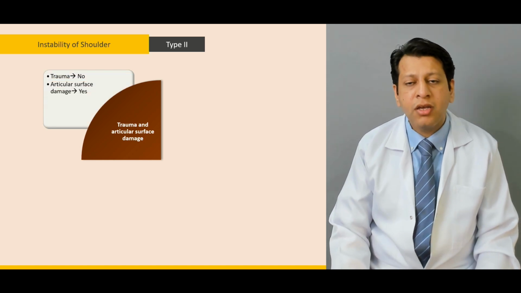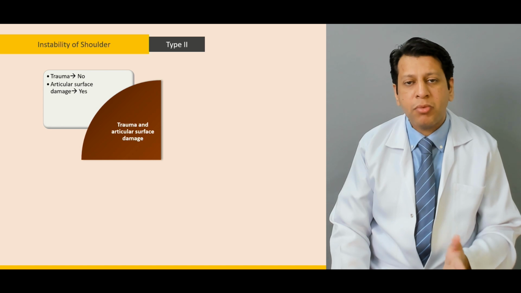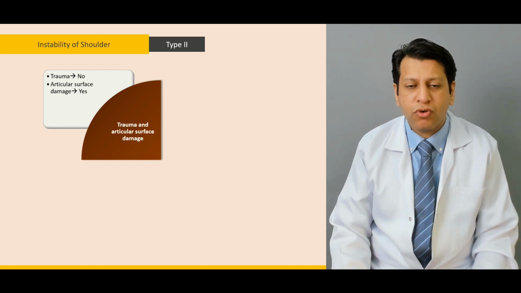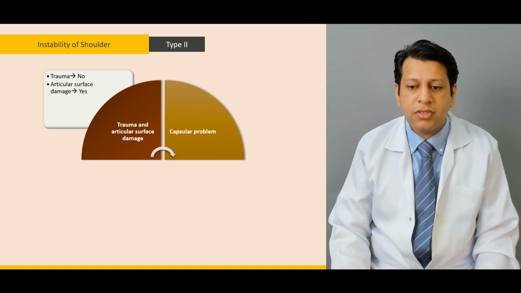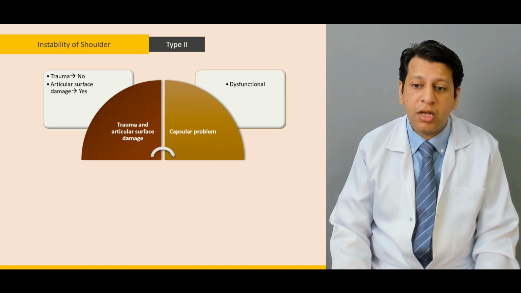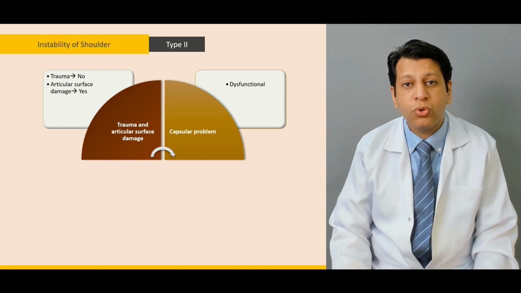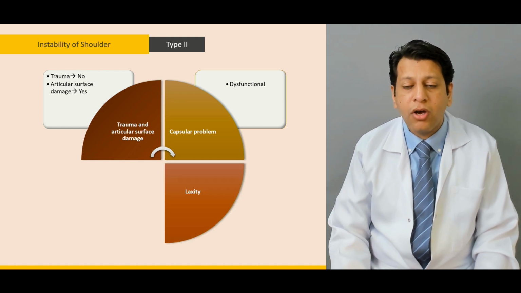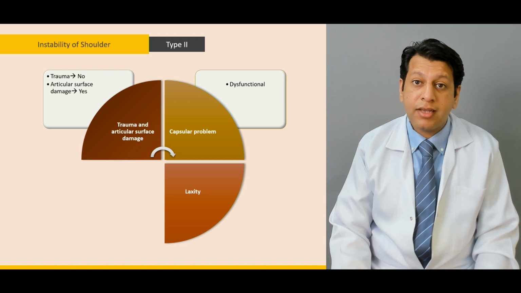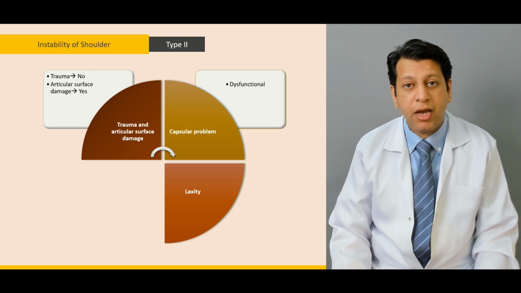So usually there is no antecedent history, but there may be a past history of trauma which may be associated with articular surface damage. Then there may be associated capsular damage, with the capsule in most cases dysfunctional, along with laxity. Laxity could be unilateral or bilateral.